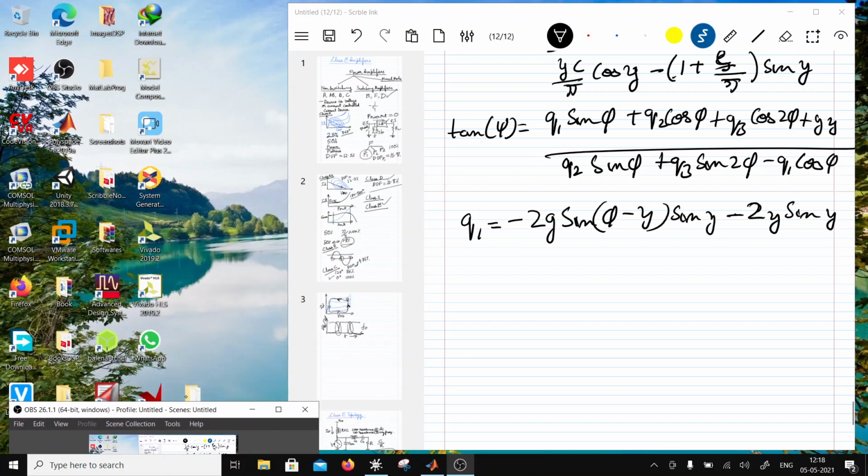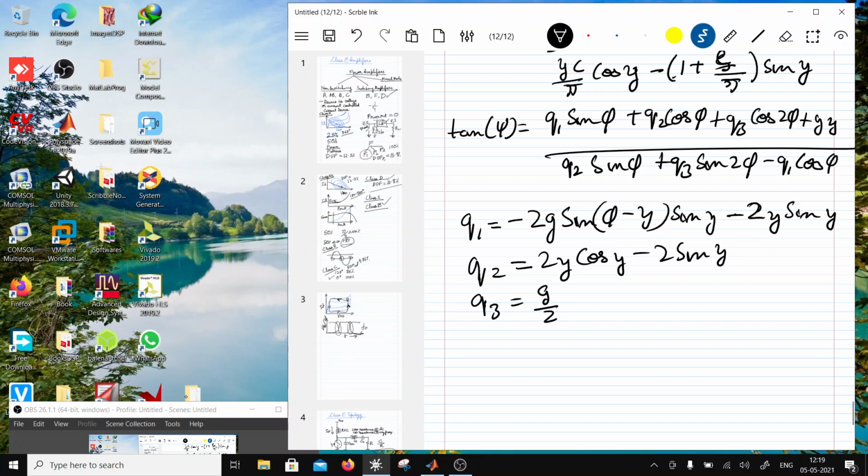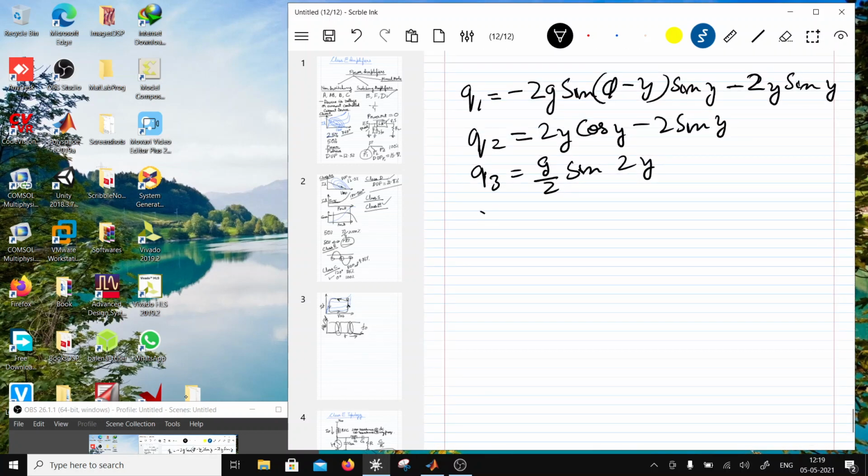And q2 would be equal to twice of y cos of y minus twice of sine of y, right, and q3 will be equal to g by 2 times sine of twice of y, and then x over r is equal to tan of xi, then x is equal to r tan of xi.